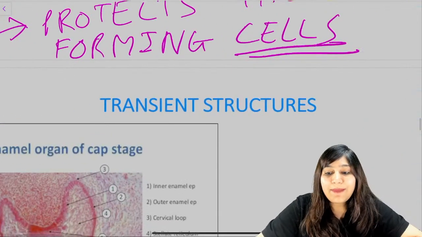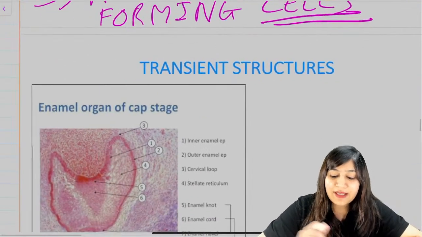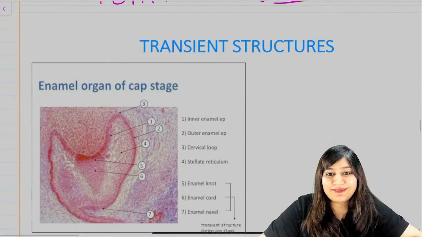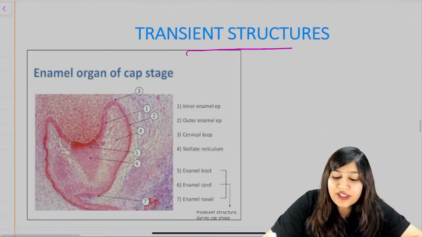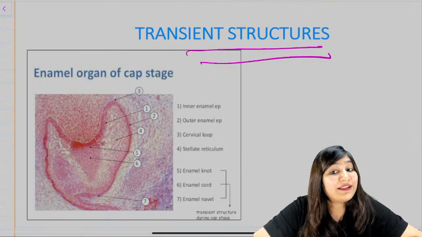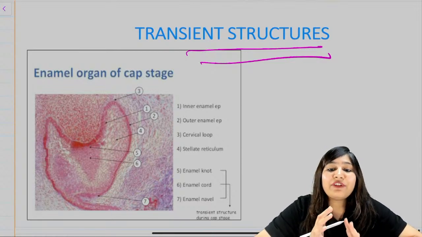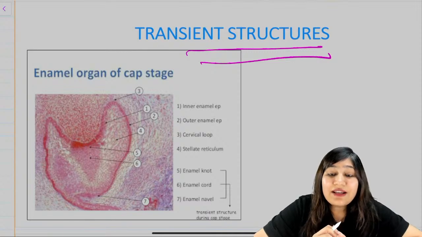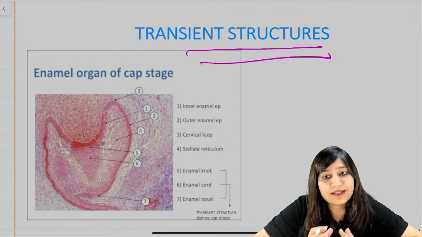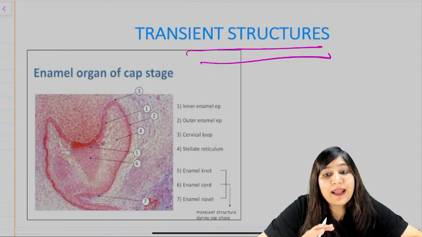Now in the cap stage, we will be having some transient structures, again same as the dental lamina. Transient means temporary. So they might disappear once the formation of enamel starts.